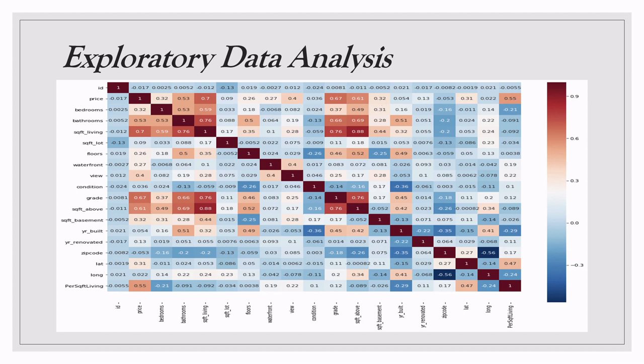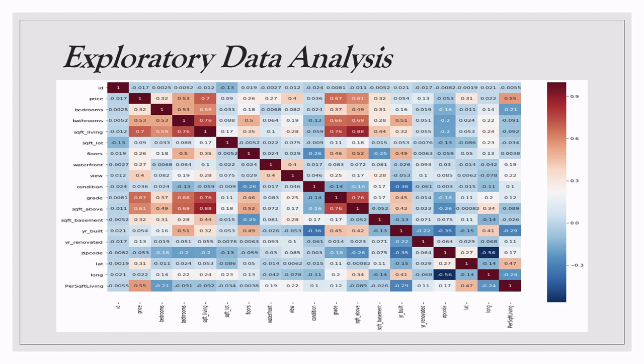However, it has a minimal relationship with the year the house was built. We see it's a very small correlation coefficient value, 0.054, and also price has a minimal relationship with the zip code. So these factors do not show much statistical significance.